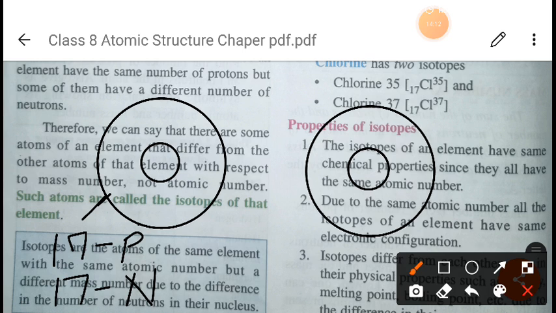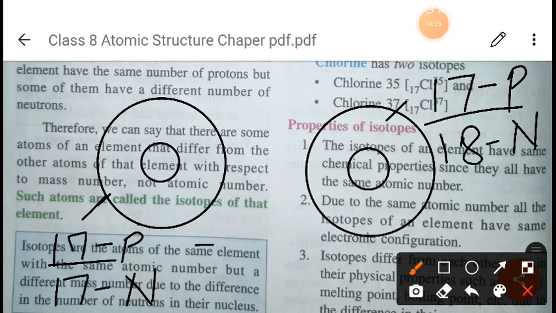But here, in this atom, the number of protons is 17, but the number of neutrons is 18. Then in such atoms the number of protons is the same, meaning the atomic number is the same, right? But the mass number will be different, because one has 17 neutrons and the other has 18 neutrons.